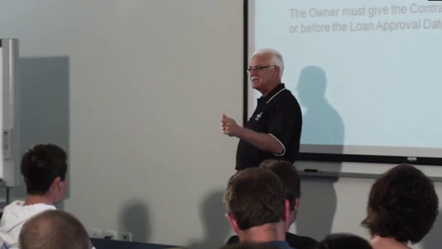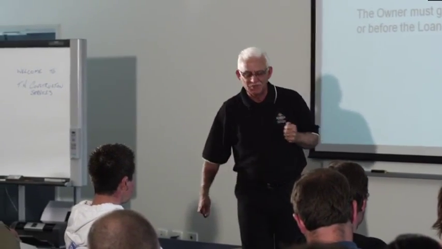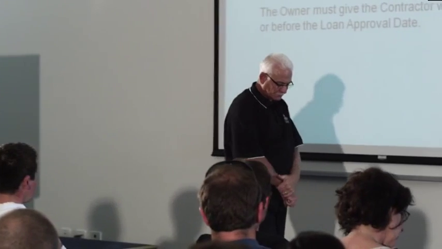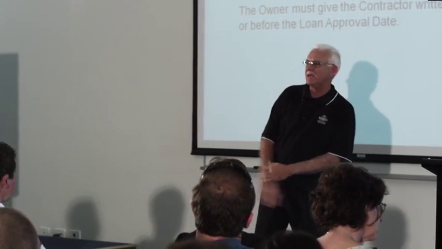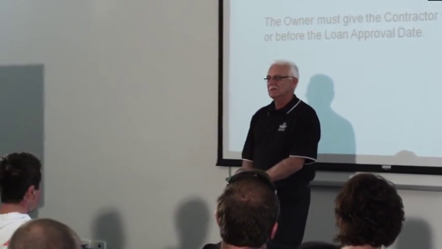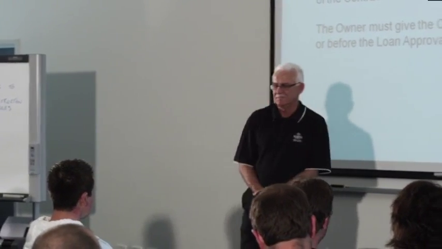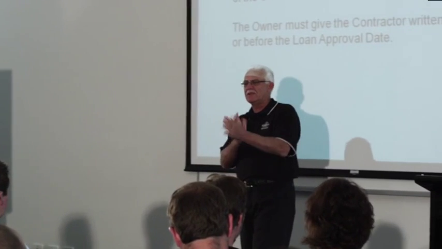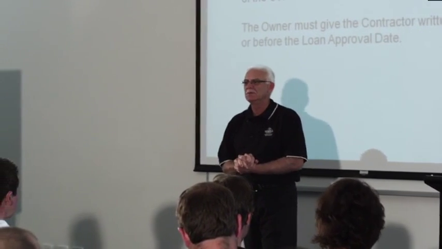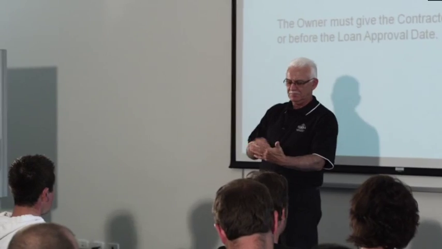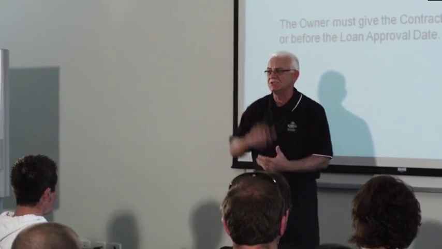The difficult one is, what happens if you come to me, I'm the client, and I want you to build me a house at Tamborine Mountain, $1.5 million worth. Not a problem. You think, oh, beauty, this is a good contract. This will keep the boys going for a little while. All right, how are you going to pay for that? Oh, I'm going to pay you cash.